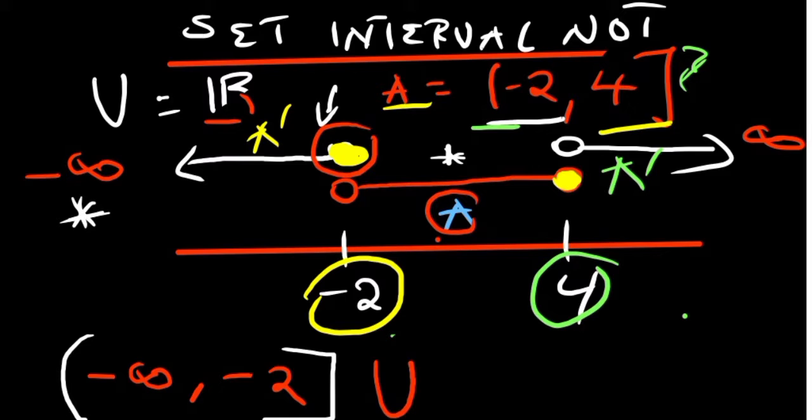So then on this other side, the minimum value that we have is 4, all the way up to positive infinity. So the first question is, is 4 part of the complement? By looking at that part, is it shaded or not shaded? So what kind of brackets are we going to have?